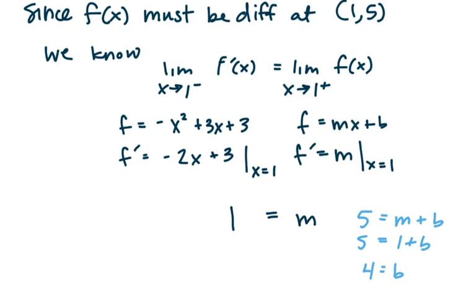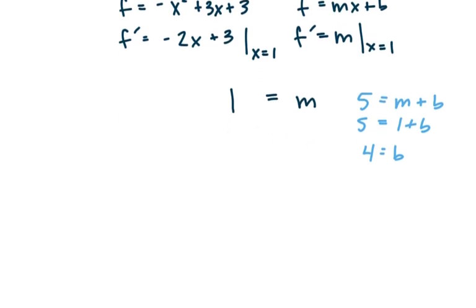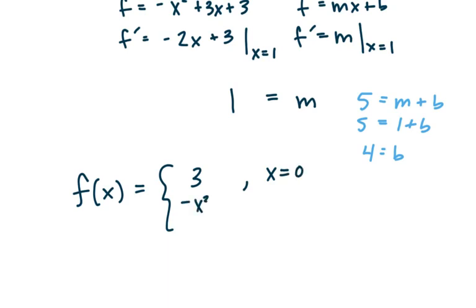So my piecewise function that I started with, so it was 3 at x equals 0, my quadratic piece, negative x squared plus 3x plus 3, and that occurs for an x value between 0 and 1.